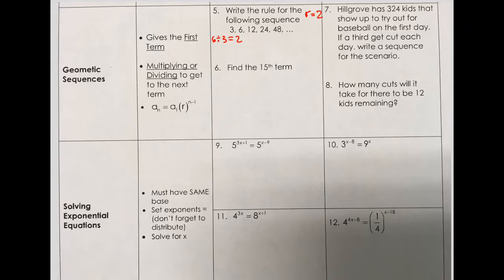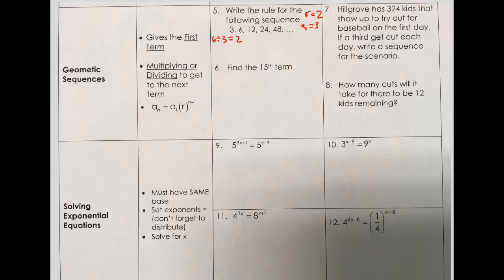And so if you look down here at our formula, all you need is r and then a sub 1. We know that that is just the first number in the sequence, and so we'll write it out here to the side next to r. A sub 1 is 3 because it's provided for us. The sequence starts with 3. All right, and so now we're just plugging in our information.